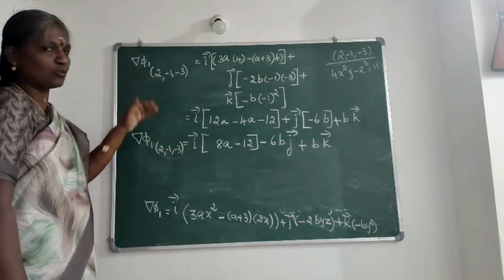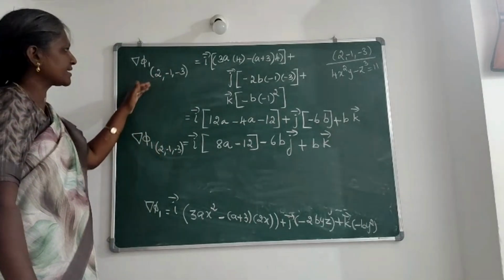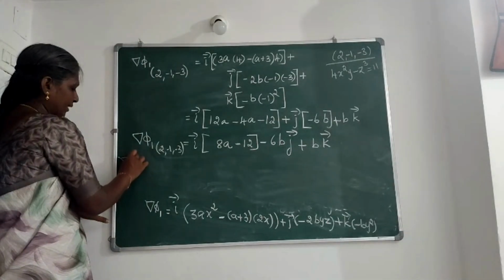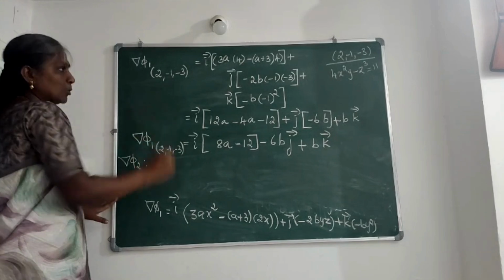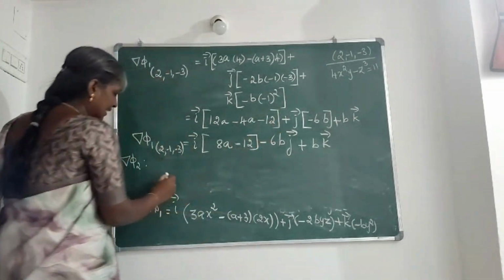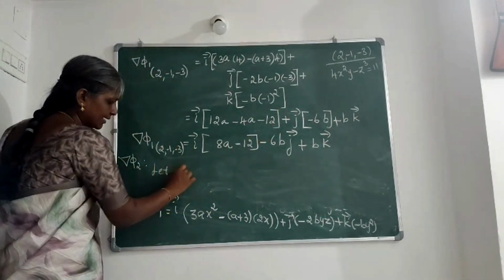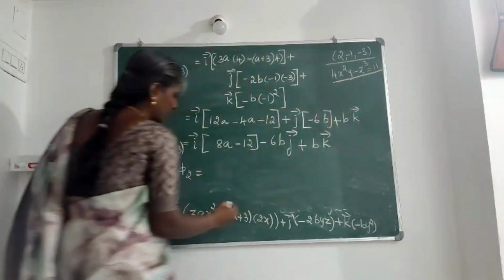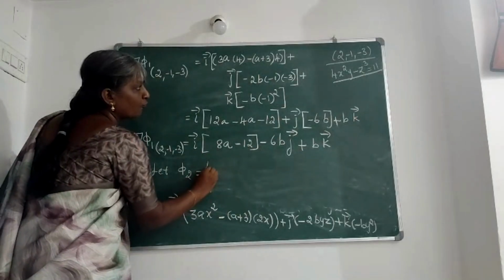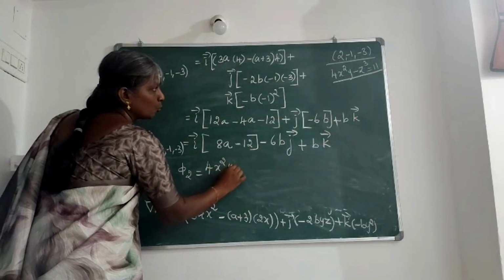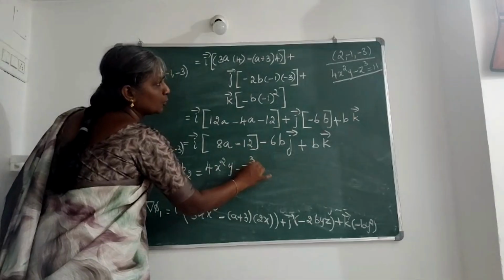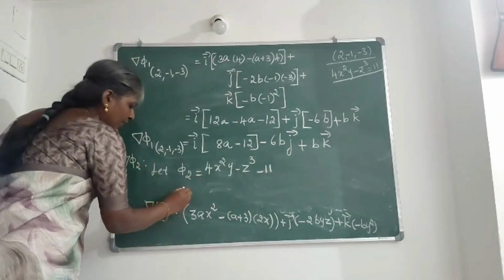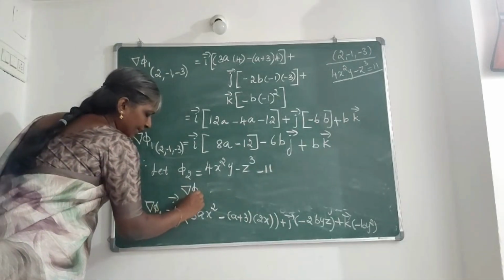What is our next calculation? As per the same, we are going to calculate del φ2. So what about our φ2? Let us consider φ2 is equivalent to 4x²y − z³ − 11. So now we are moving to find del φ2.